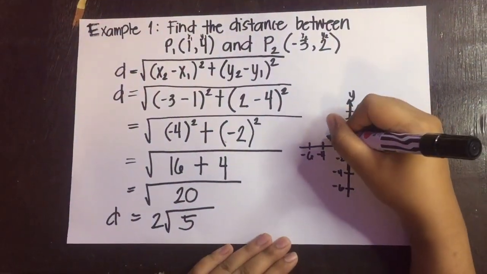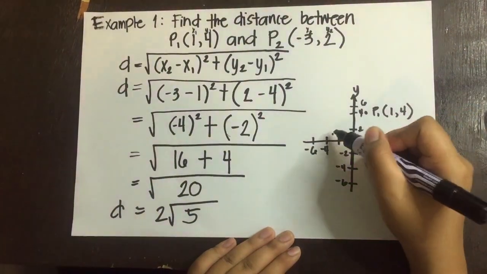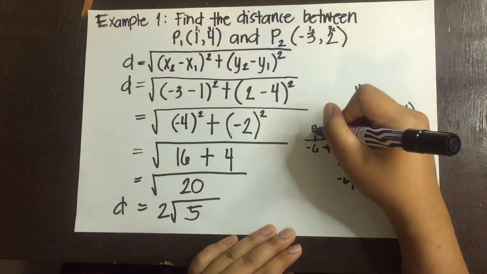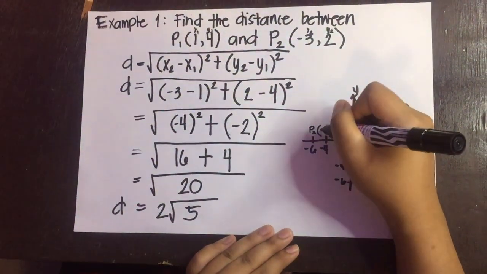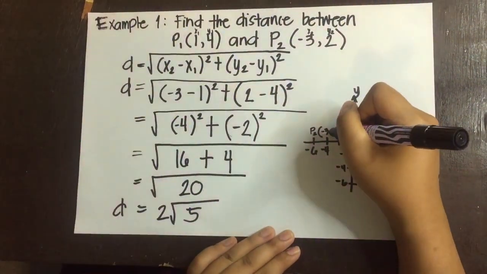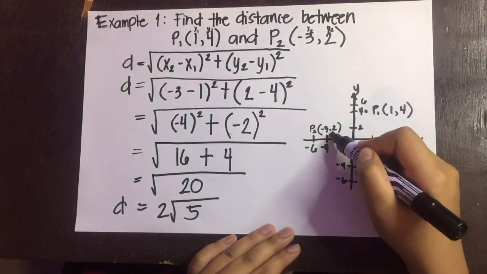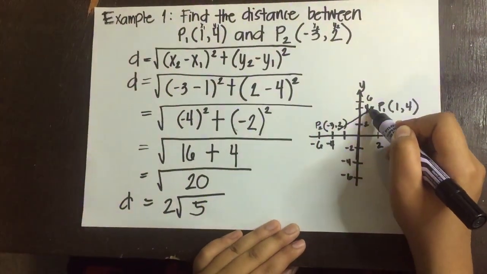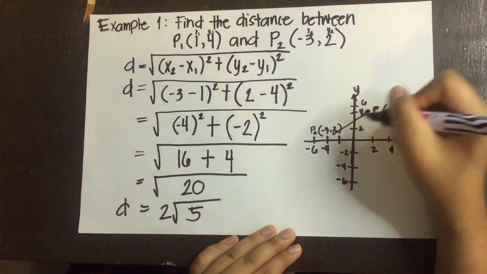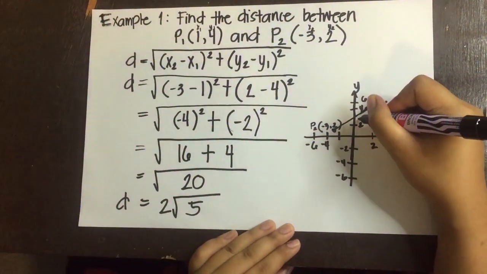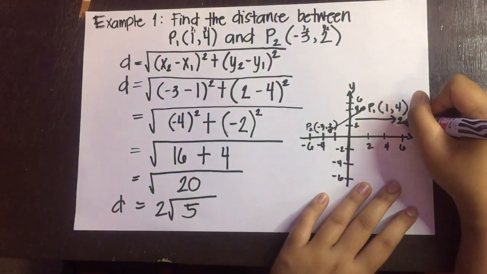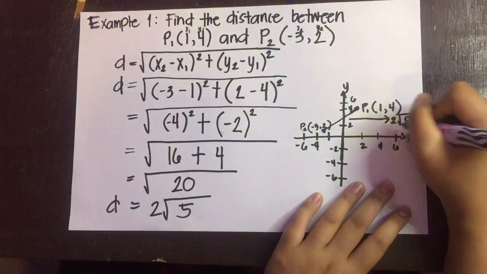And our point 2 is negative 3 and 2. So the distance of these 2 points is 2 square root of 5.